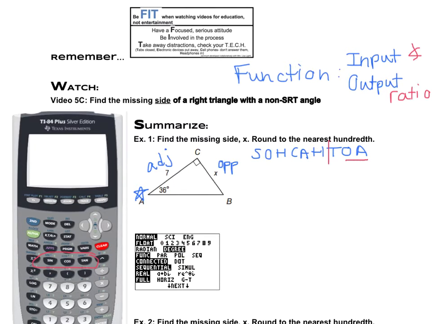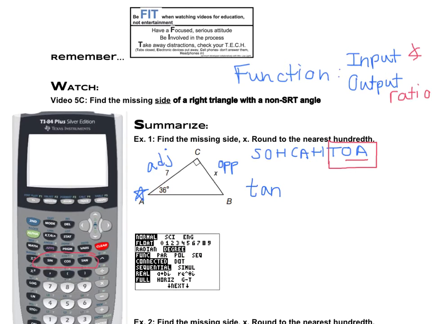And so that means we're going to be working with a tangent ratio as we set up our problem. So we're going to start by tangent, T-A-N, remember, is the abbreviation for that. And then we want to make sure we input into the tangent function the angle that is being referenced in our picture here.